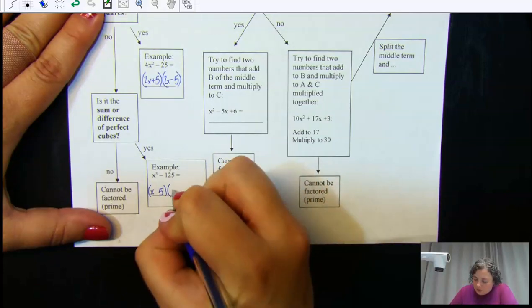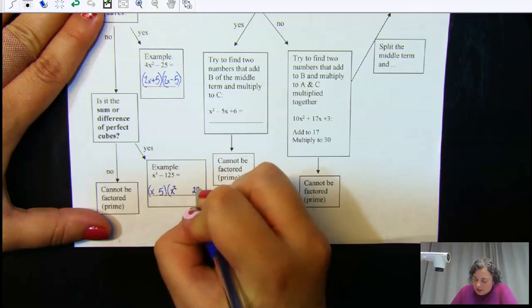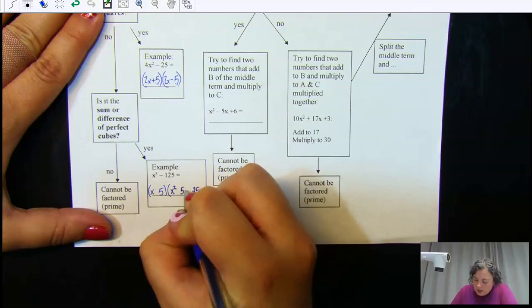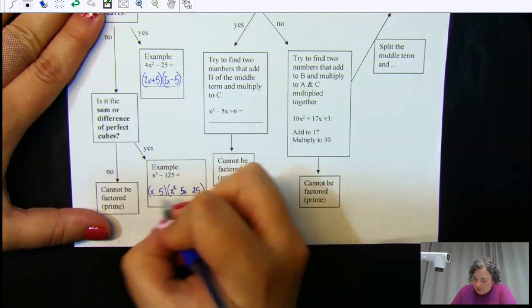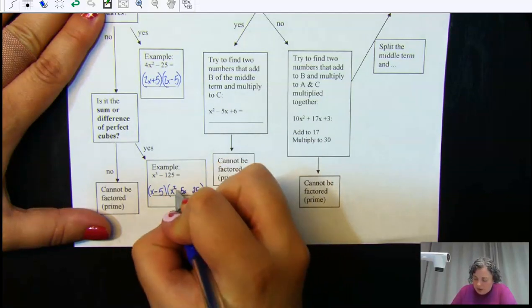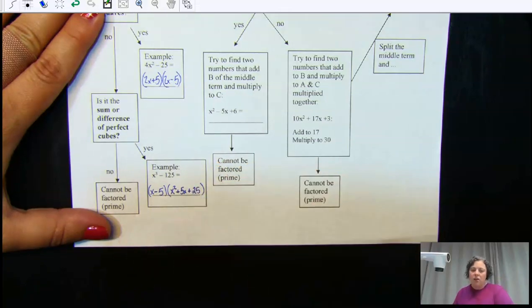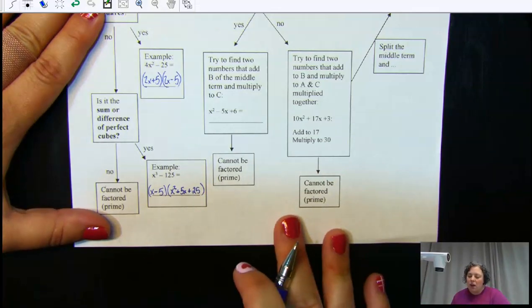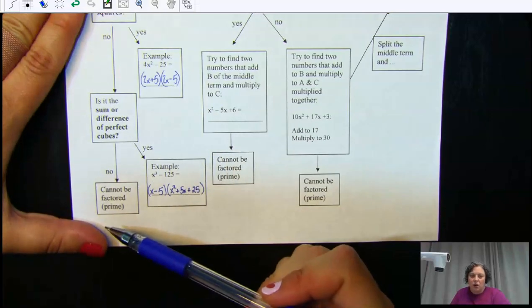First times first is first, last times last is last, first times last is in the middle, isn't this a blast? The first sign's from the problem, the second is reversed, the third is always positive no matter what. Alright, so those are the examples of what to do if it has 2 terms.